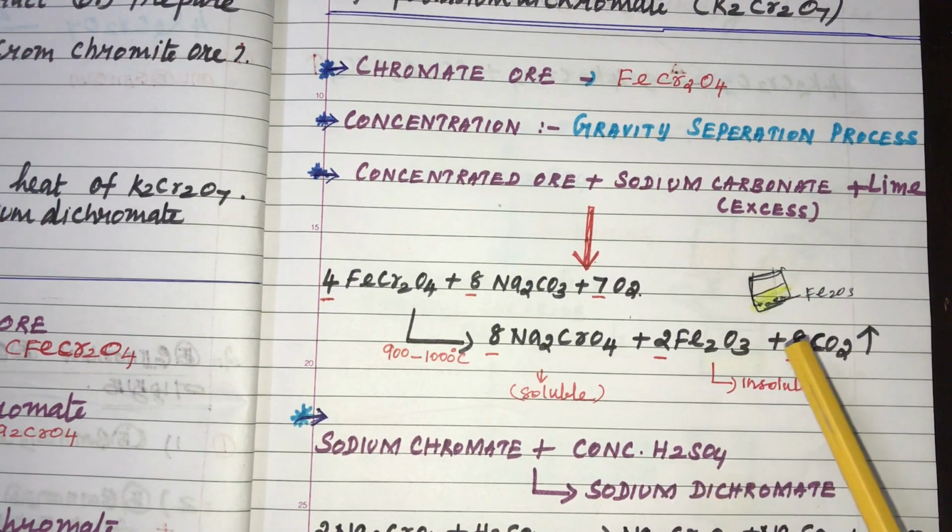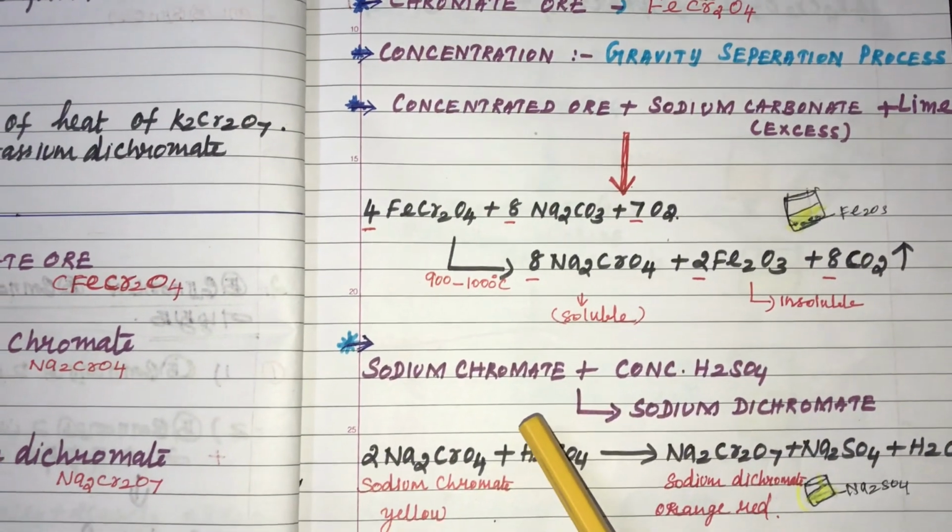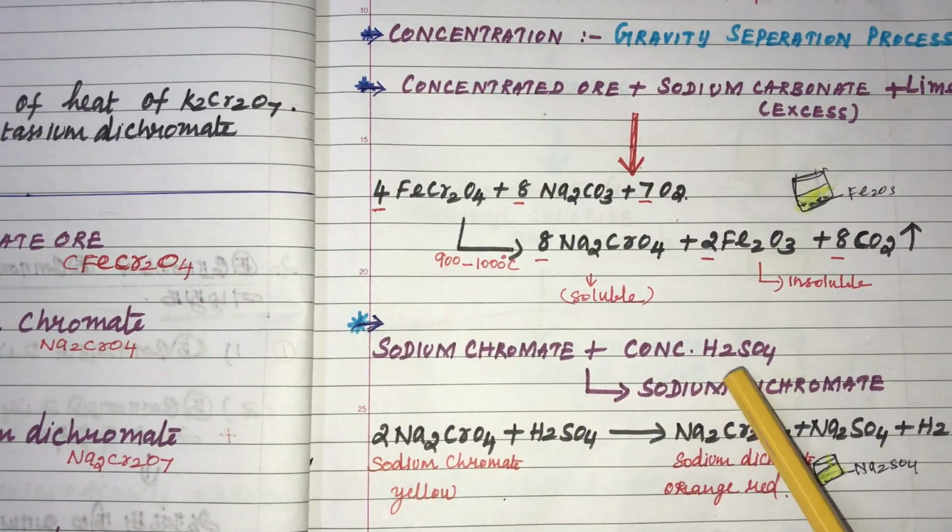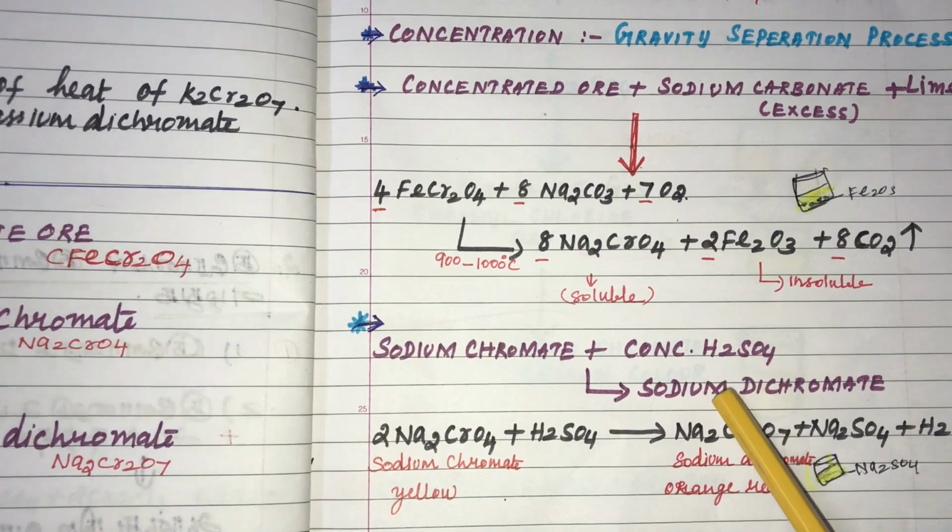Now, by dissolving in water, we separate the sodium chromate, and it is treated with concentrated sulfuric acid.